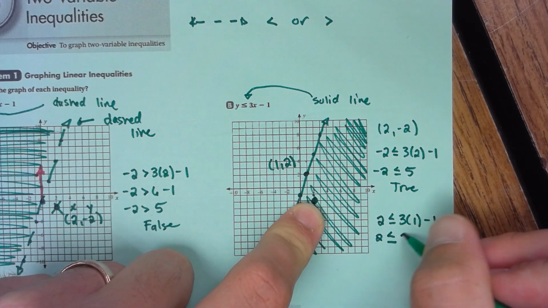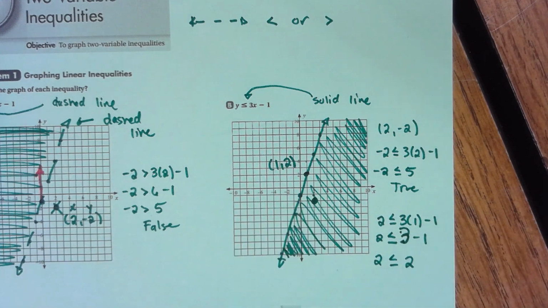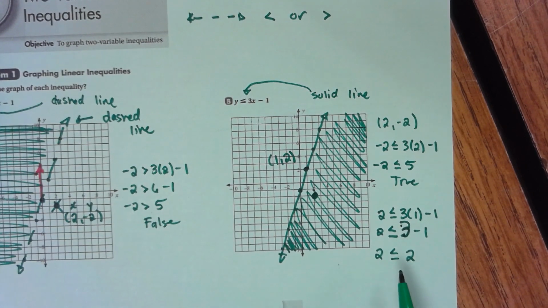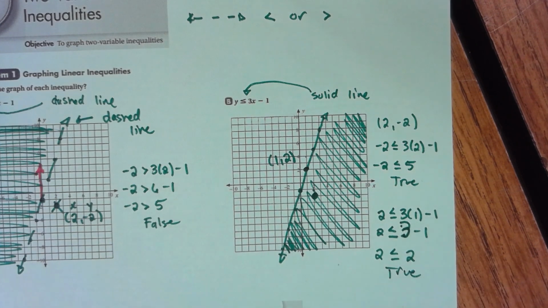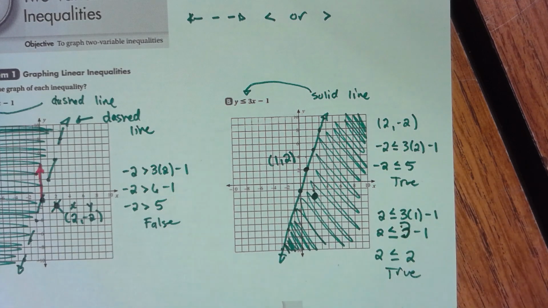So 2 is less than or equal to 3 minus 1, or 2 is less than or equal to 2. Well, this is still true, right? 2 is not less than 2, but it is equal to. When we say less than or equal to, just one of those things needs to actually be true. And so because this point still gives us a true statement, that's why we're doing a solid line, because we are including those points in what makes the inequality true.